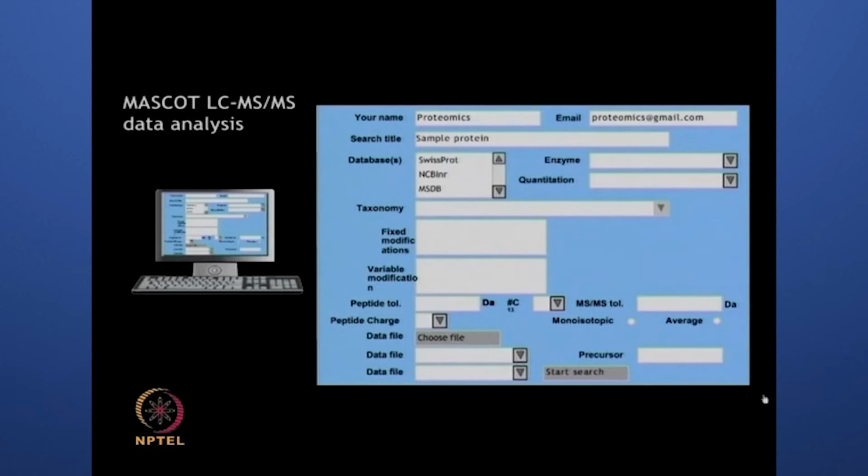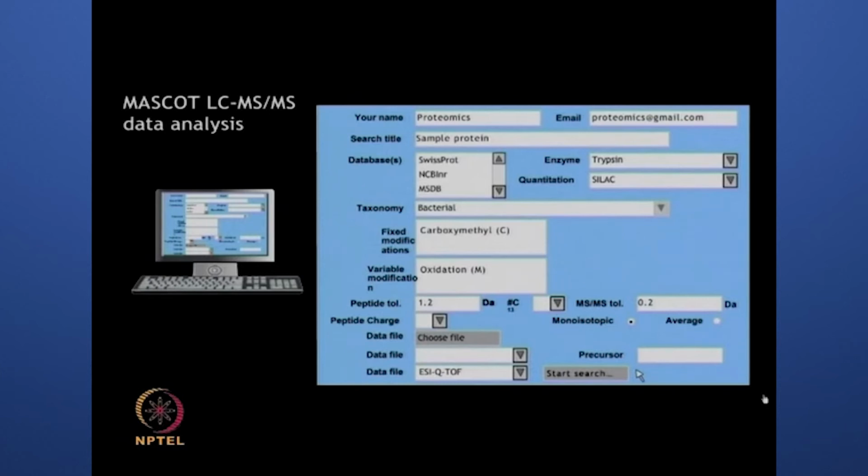The MS/MS data analysis software requires input from the user regarding the experimental parameters used, such as enzyme cleavage, protein name, modifications, instrument used, peptide charge, etc., and the desired search criteria like taxonomy, peptide tolerance, etc. The commonly used protein databases against which the MS information is processed to retrieve sequence data include NCBI, MSDB and SysProt.